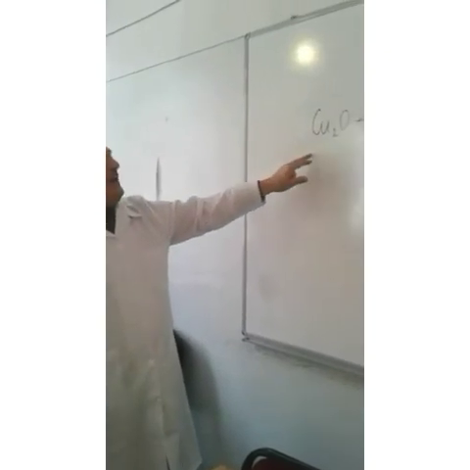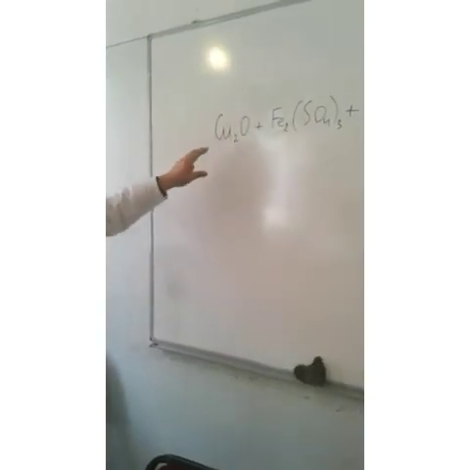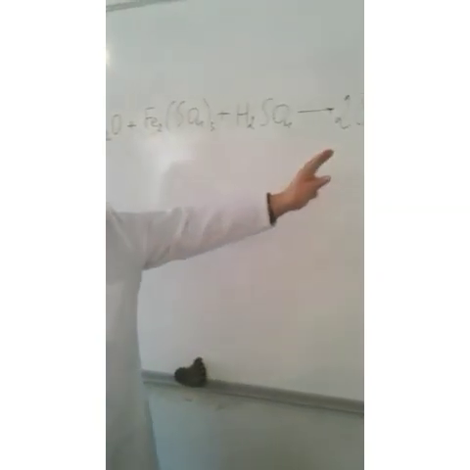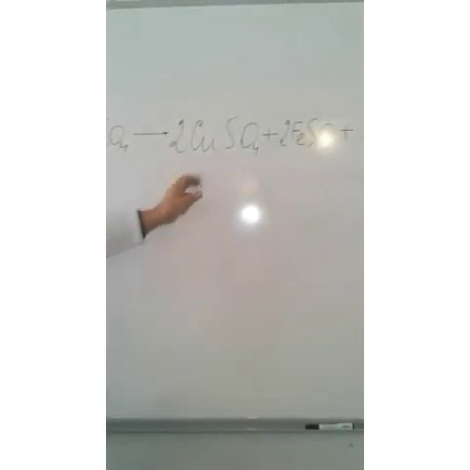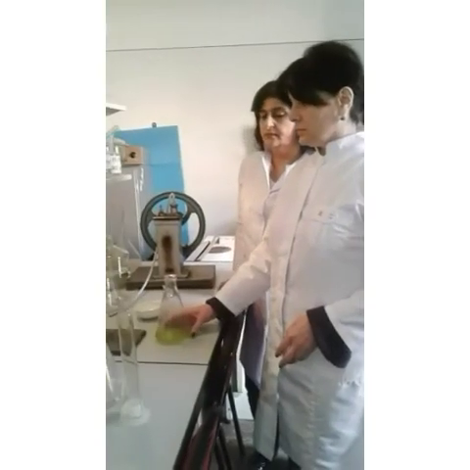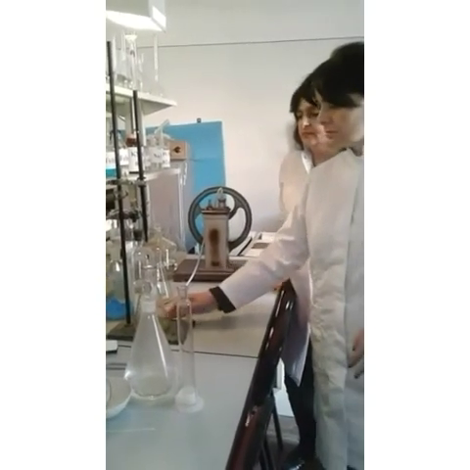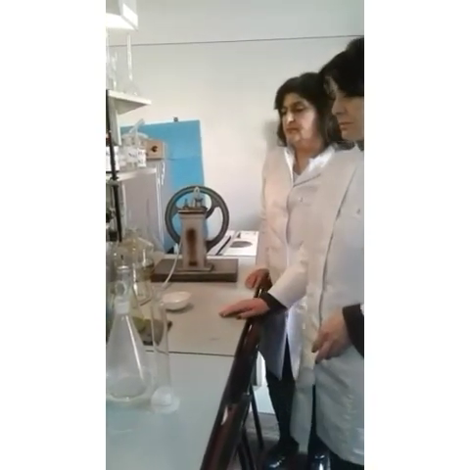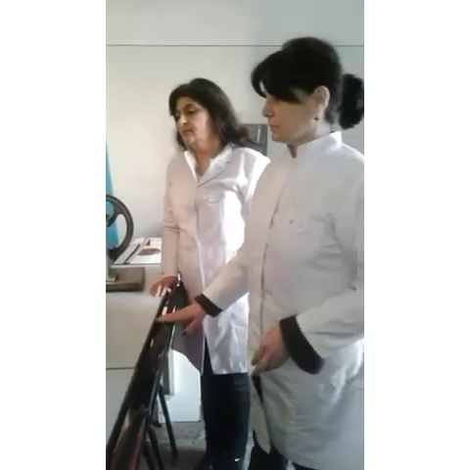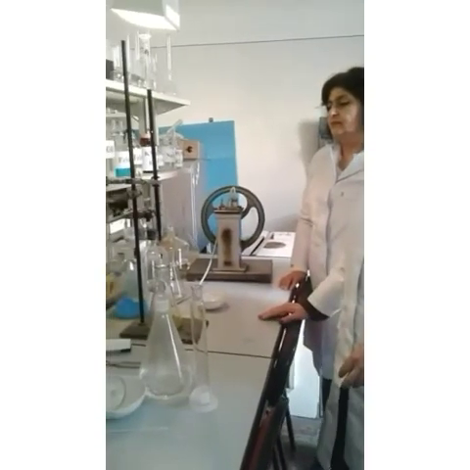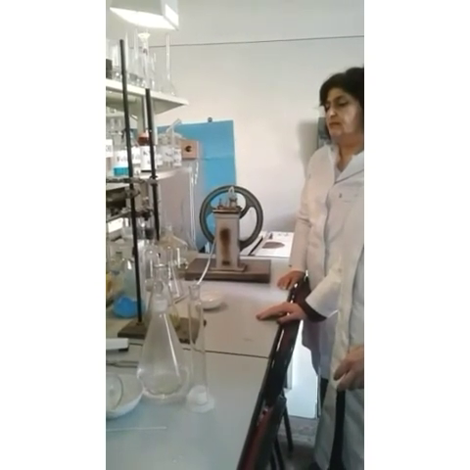As seen from the reaction, cuprous oxide passes into copper sulfate. We pour it onto the same filter to dissolve the remaining particles of cuprous oxide. The amount of iron 2 sulfate contained in the filtrate is titrated with potassium permanganate.